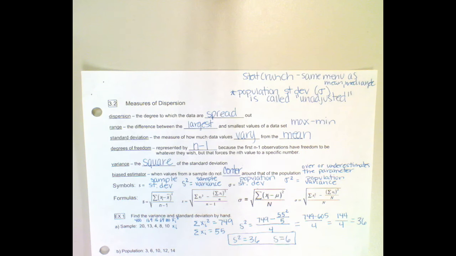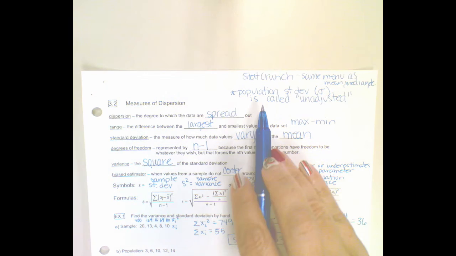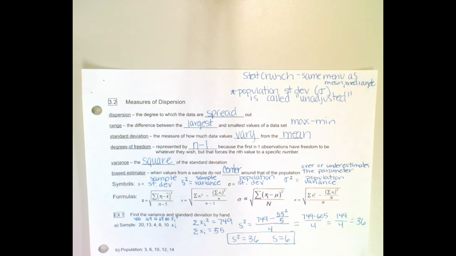So I believe that when we look at them, you go to Stat, Summary Stats, Columns, you choose your column. There's one that says standard deviation, and then there's one that says unadjusted standard deviation. So you only choose standard deviation if it's a sample. If it's for a population, then you need to choose unadjusted.